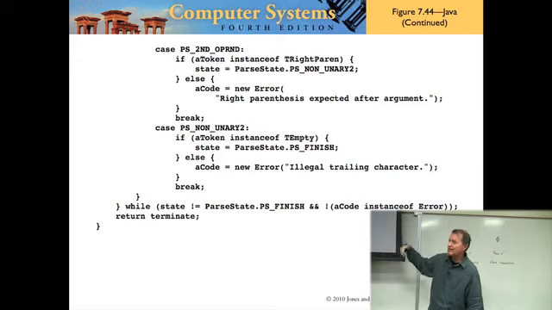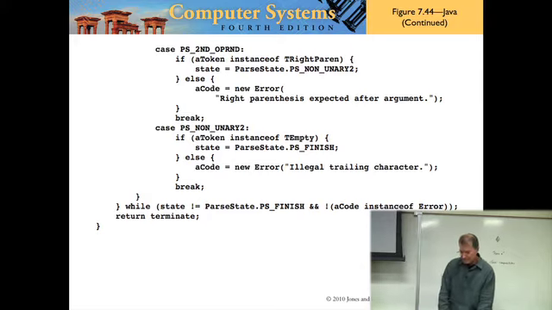Terminate, because that's the Boolean that gets returned, and A code has been set. Like on this very last one, ps non-unary, else A code gets new error, illegal trailing character. So it sets it and returns that. Okay, so that's basically it for the parse line.